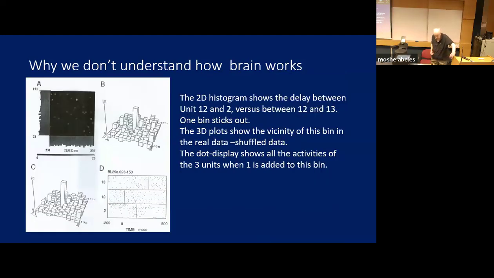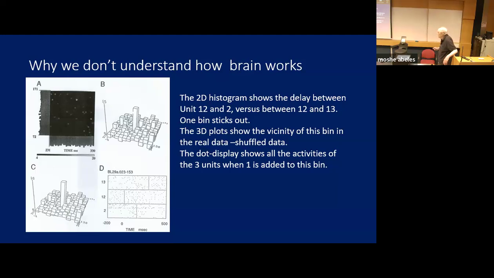You can do it with 3 neurons. So this is a triple correlation between 3 neurons. Neuron 2 is considered time 0. Here is the delay to unit 12, and here is the delay to unit 13. You can shuffle the trials and subtract the shuffled from the real counts, and you get this picture. If we look around this region in 3D, you see something like this.